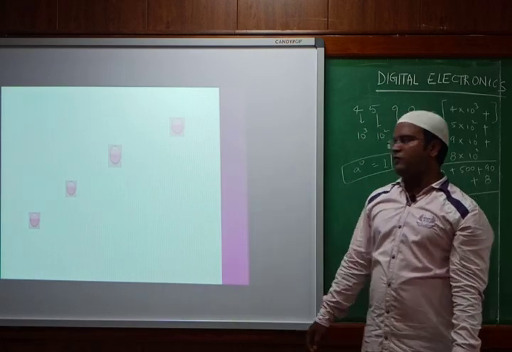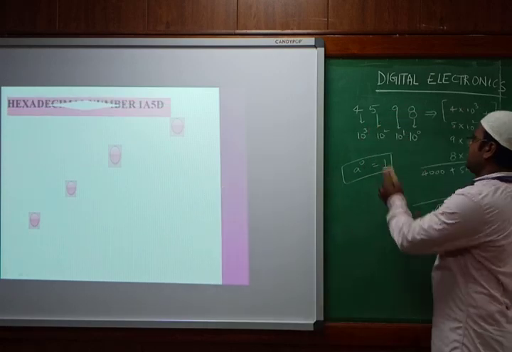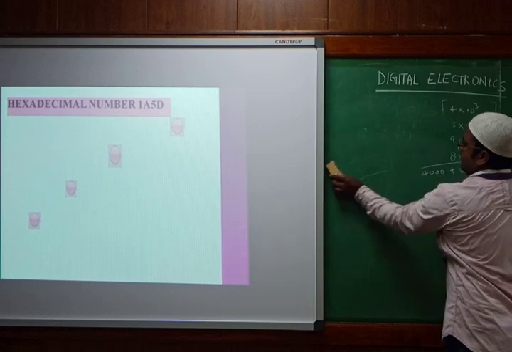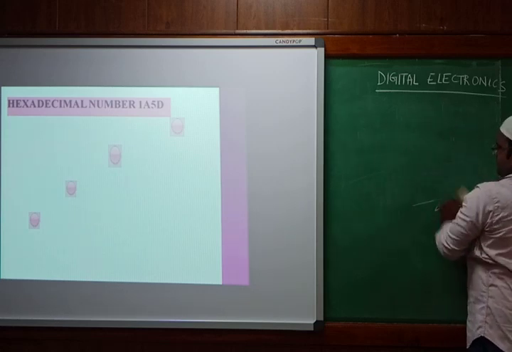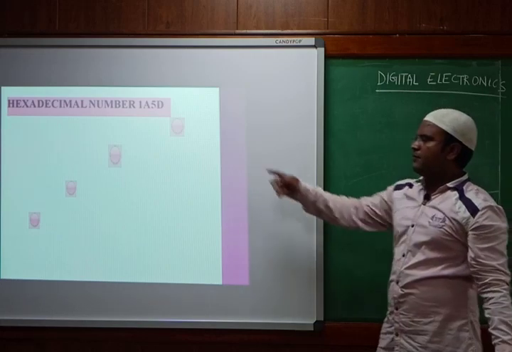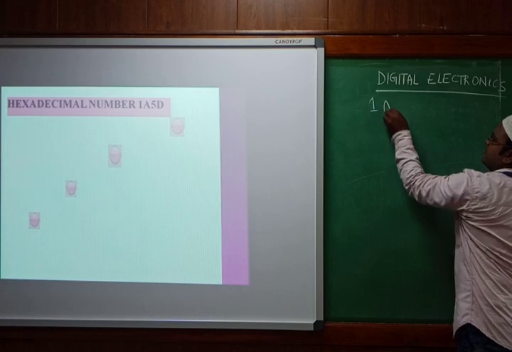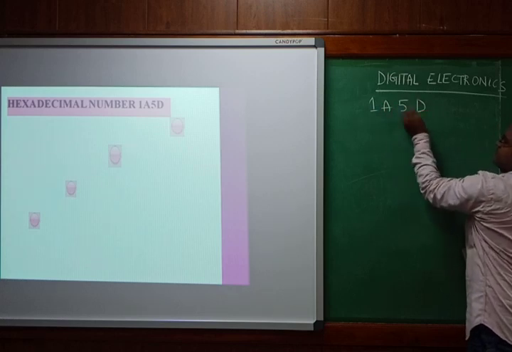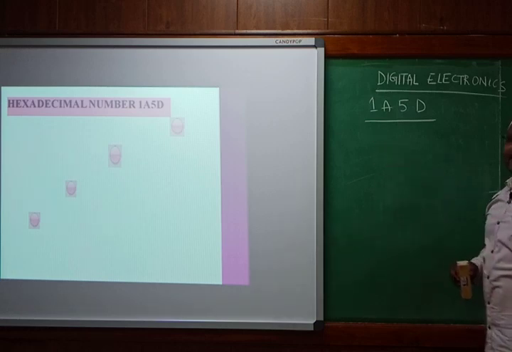Next, for example, we'll take one number system. We'll take one example. So first thing, I'm taking one example of 1A5D. I'll take this example, in which I do have the number in hexadecimal format.